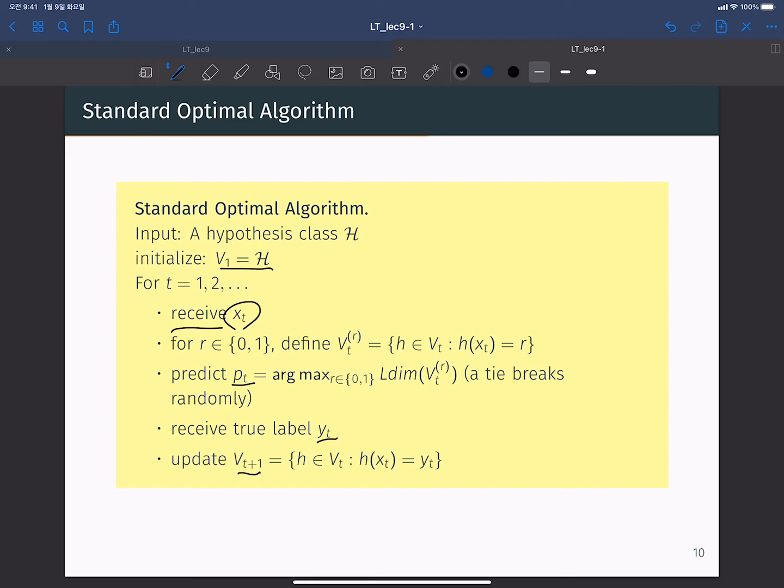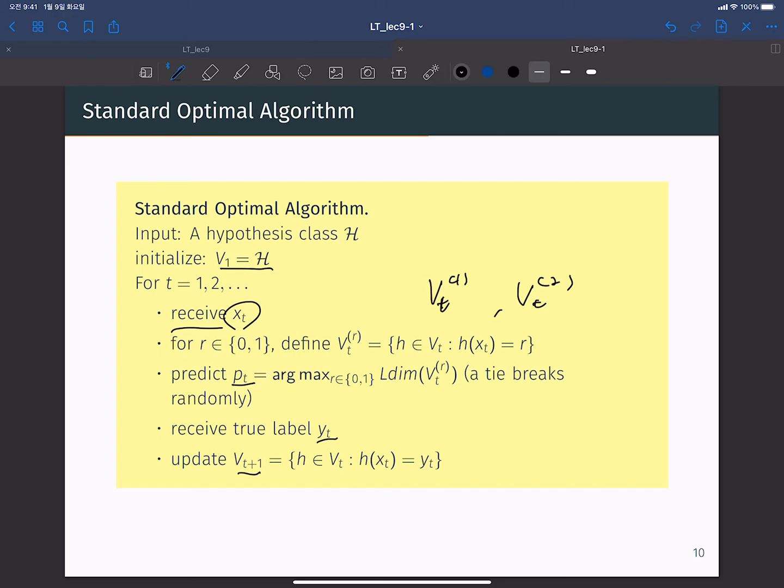So we first find the subset of Vt that has output label 0 for the new instance xt, and the subset that has output value 1 for the new instance xt. So we have Vt0 and Vt1.